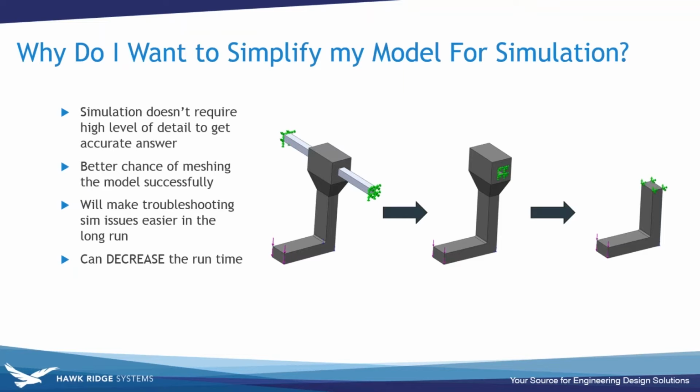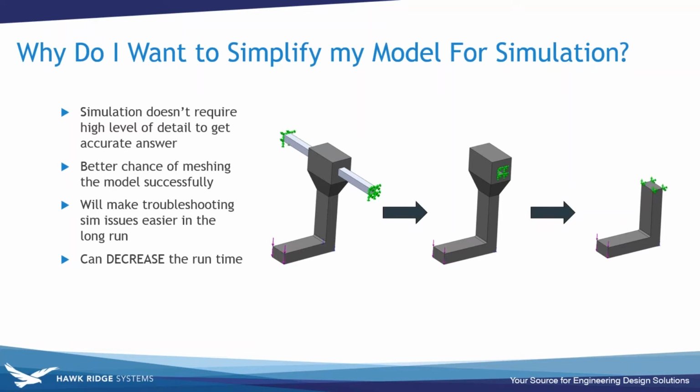So the first thing we have here is, why do I want to simplify my model for simulation? There's a lot of good reasons, and these are my top four. Simulation doesn't really require a high level of detail to get accurate answers.